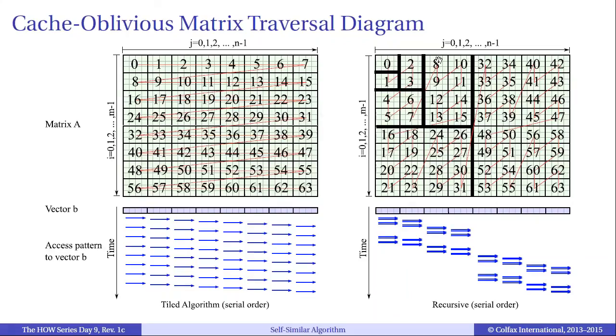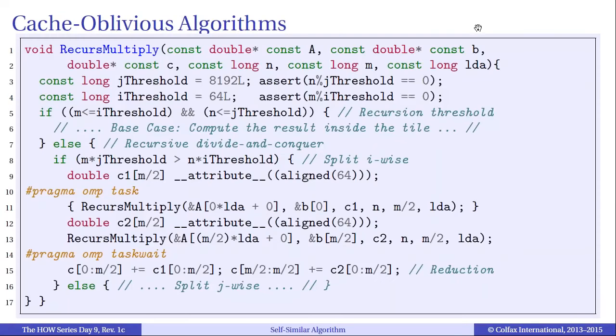The recursive approach helps you to make it self-similar. And for example, the FFTW library is built largely on cache oblivious algorithms. And actually, one of the authors of that library is one of the authors of the cache oblivious algorithm family.